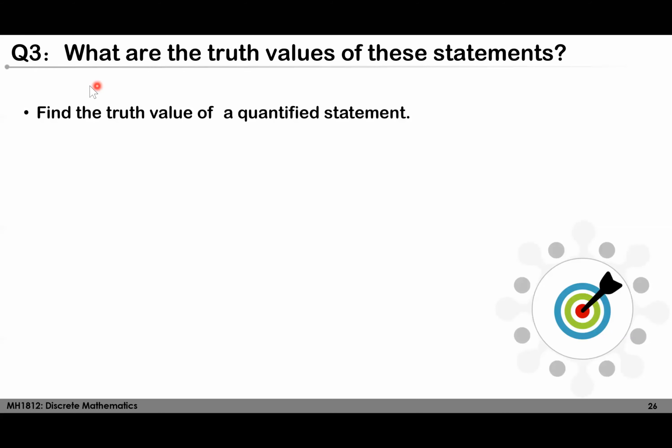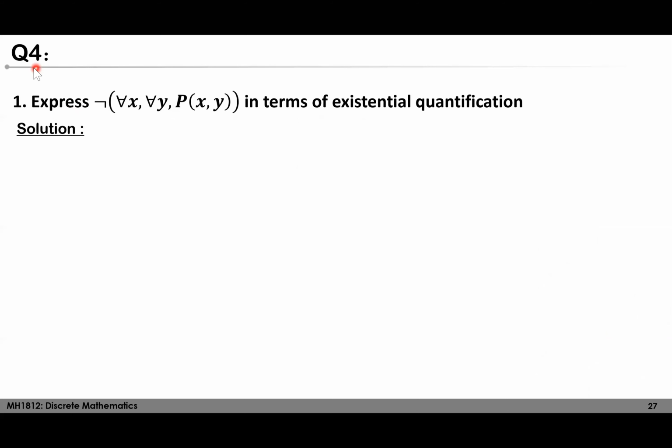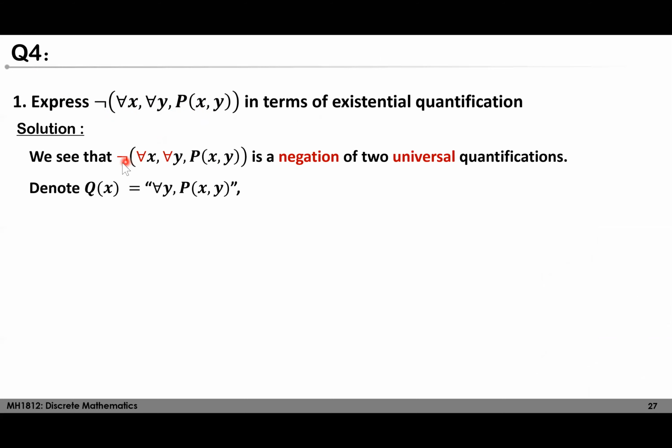So the target of this question is to find the truth value of a quantified statement. So let's say question 4. Let us express the negation of some quantified statements. So in the first sub-question, we have a negation of two universal quantifications.